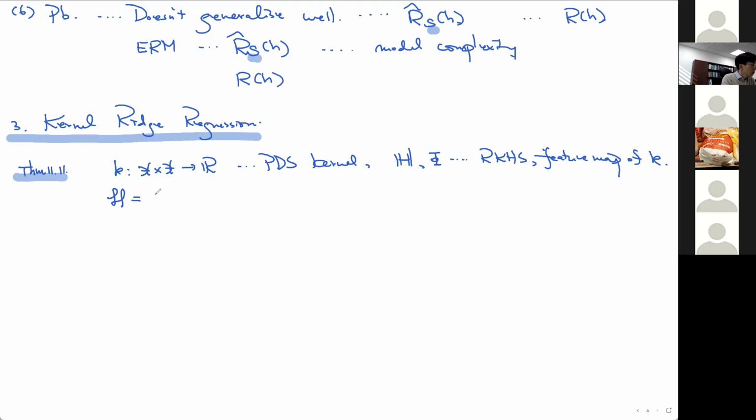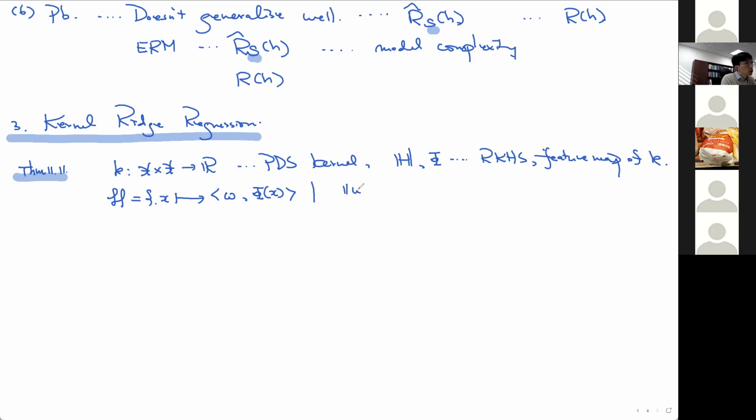We are thinking about a mapping that maps input x to inner products with w. So it's a linear function, but in the RKHS.